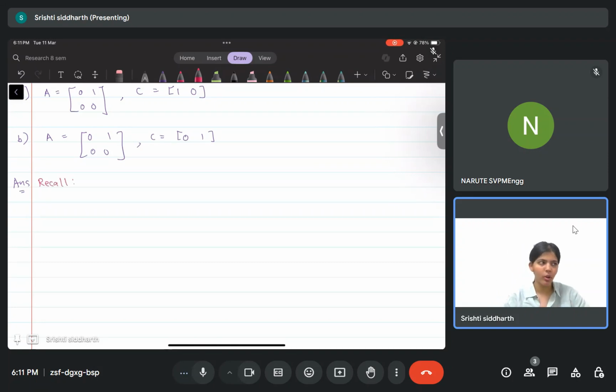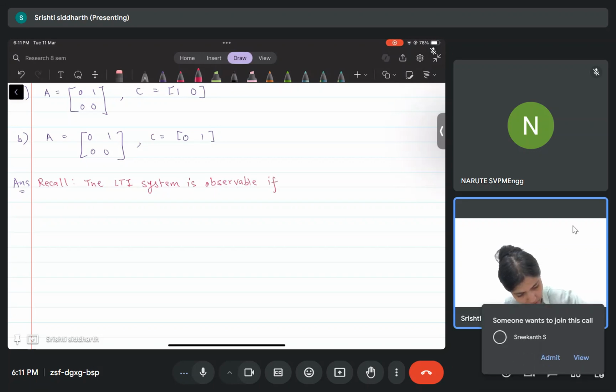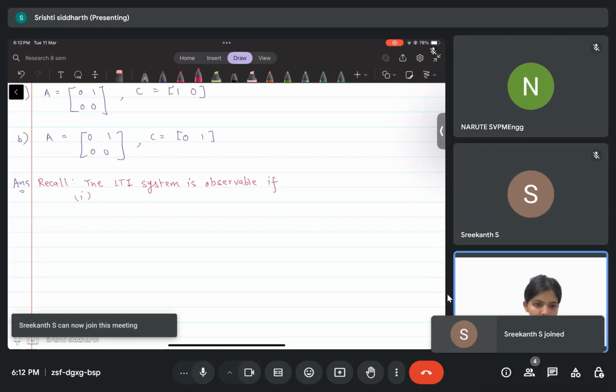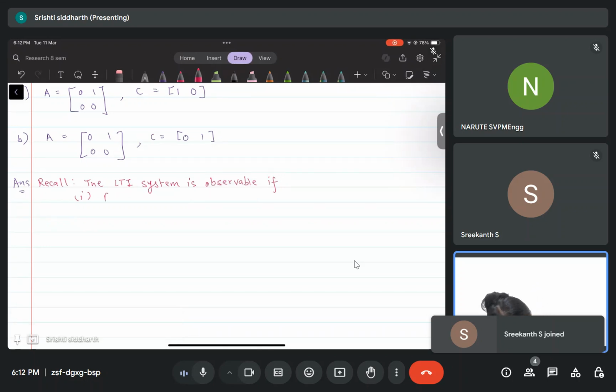We had 3 tests for observability for an LTI system. So let me just write them down first. So the LTI system is observable, or the pair C, A is observable, if first, the rank of the observability matrix is equal to n.